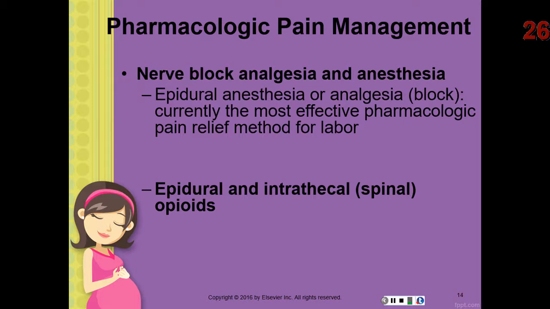And it makes mom numb in that uterine area. Usually the legs are feeling pretty heavy, but mom can usually still move her legs a little bit depending upon how strong it is.